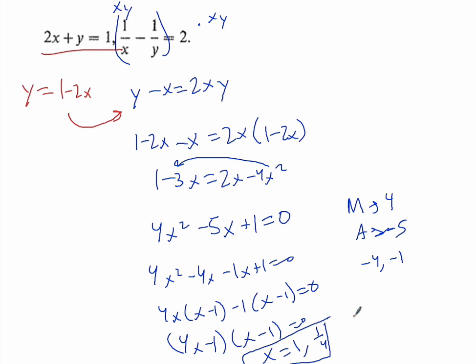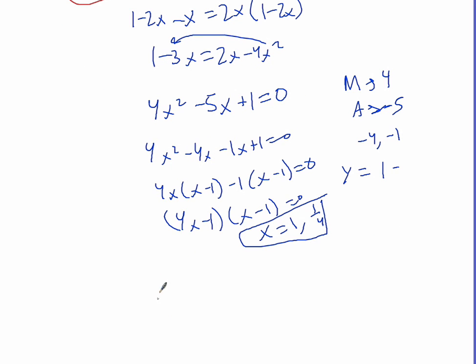Okay, so now we get the y value. y equals 1 minus 2x. Let's do this more systematically. If we have x equals 1 and x equals a quarter, we get different y values. So y equals 1 minus 2x, so y equals negative 1 here.